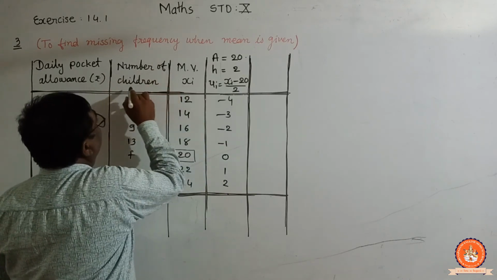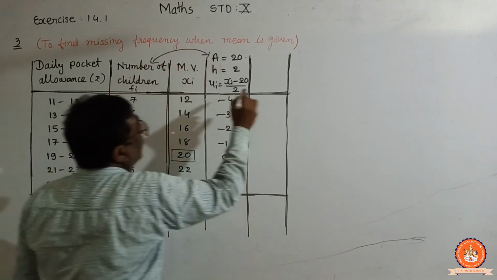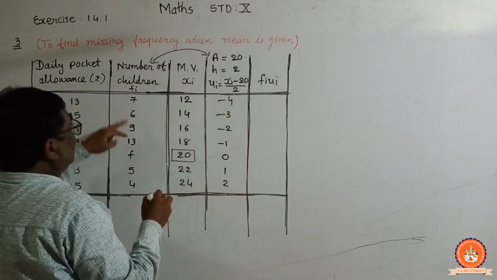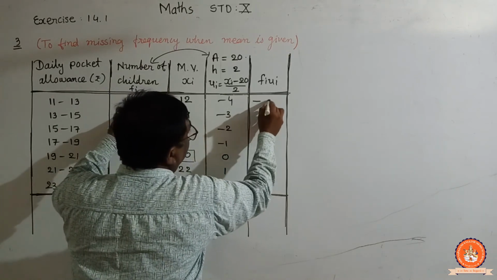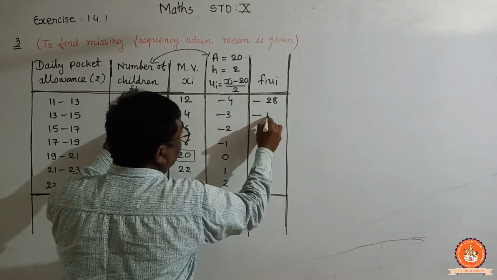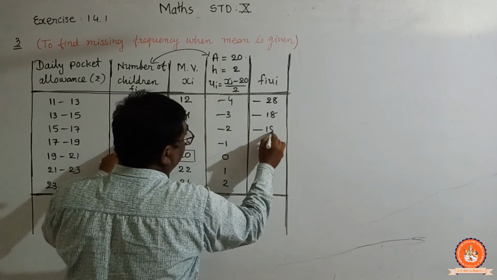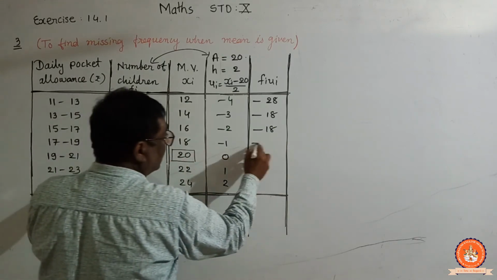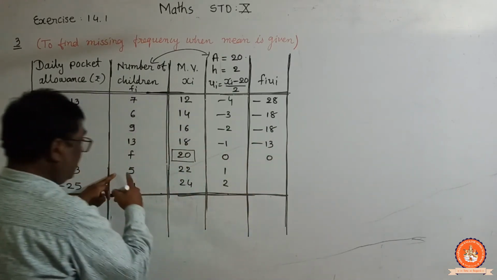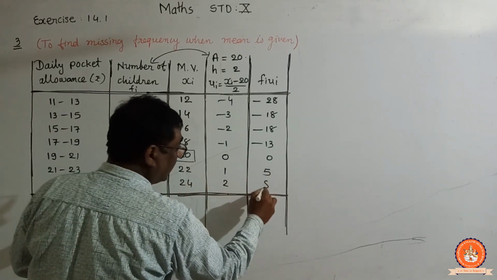Now fi ui. So 7 4s are 28 minus, now 6 3s are 18, 9 2s are 18 minus, 13 1s are 13 minus, f into 0, that is 0. 5 1s are 5 and 4 2s are 8.